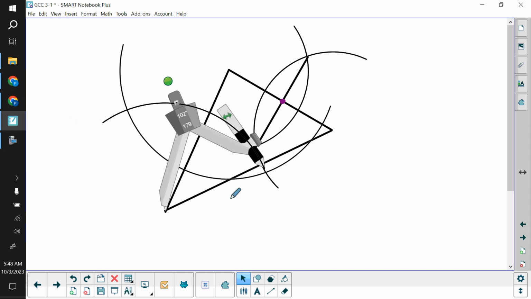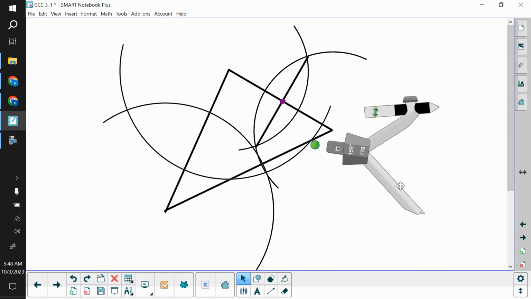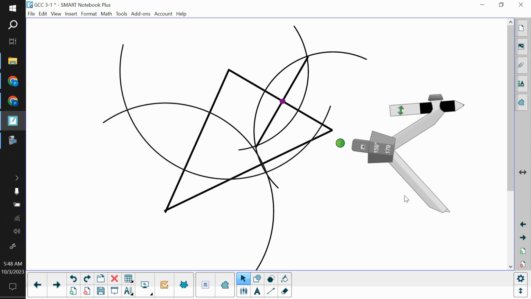Keep the compass the same as you reverse it. And it is starting to get messy, so we have to keep track of our intersections. We'll connect those intersections. And wherever that crosses the side, that is our midpoint.